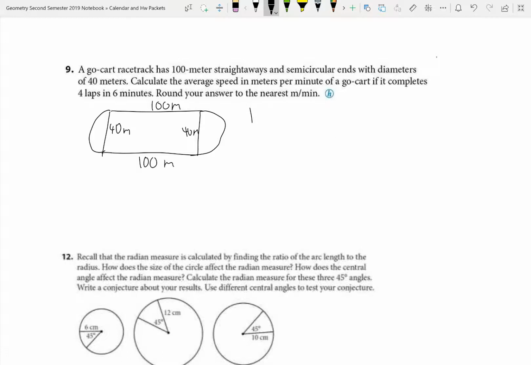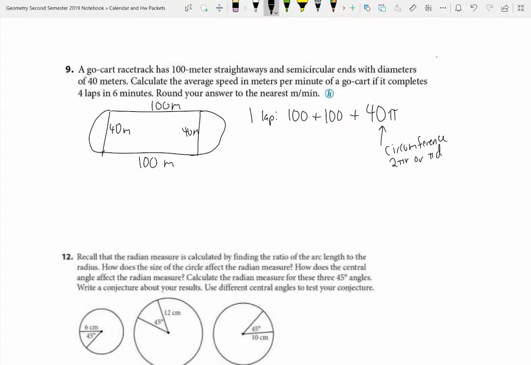For 1 lap, that would be 100 plus 100 plus 40 pi, because that's the circumference of the circle, which could either be 2 pi r or pi d. In this case, the diameter is 40. You have 2 semicircles making the whole circle, so that's going to be 40 pi.